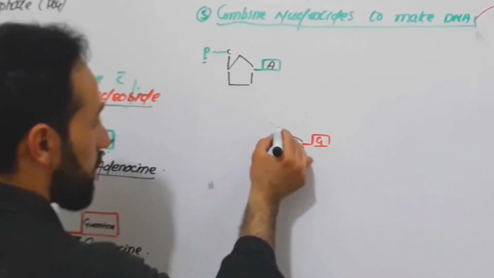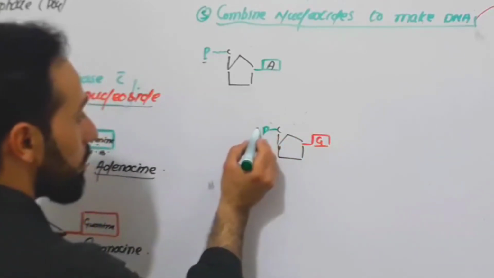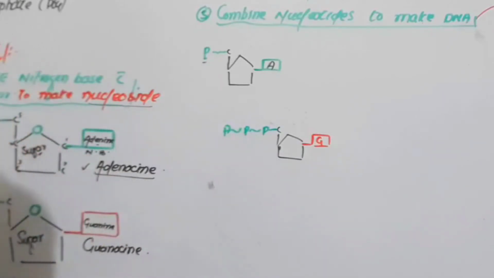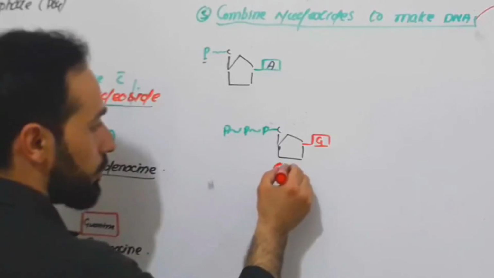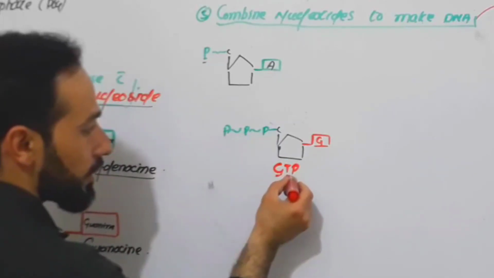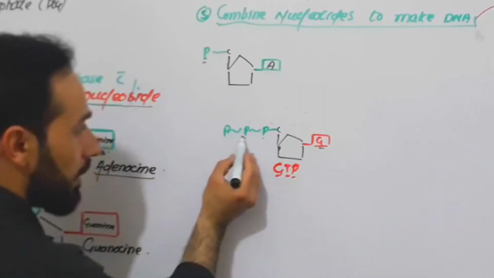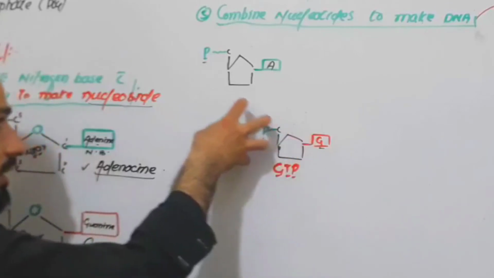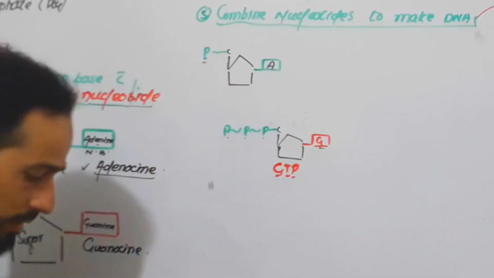And this is carbon number 5. So guanosine will come not with one phosphate, guanosine will come with 3 phosphates, right? That's why we call it GTP, guanosine triphosphate, right?